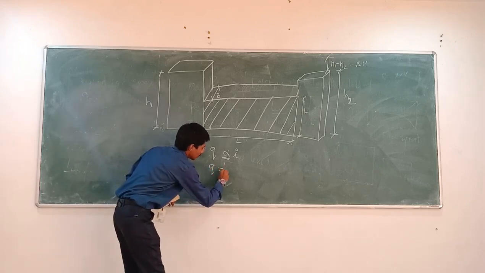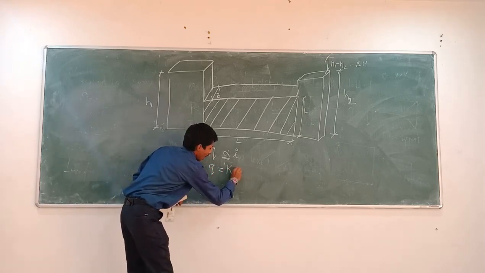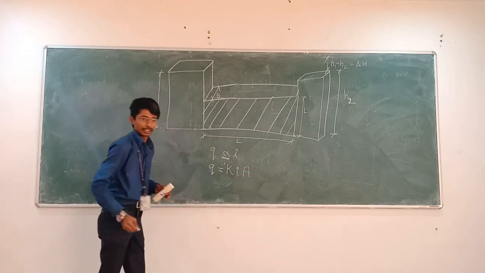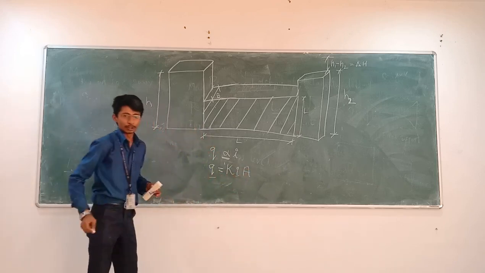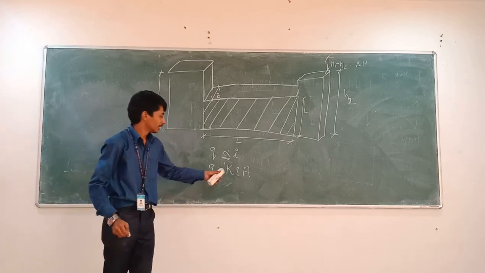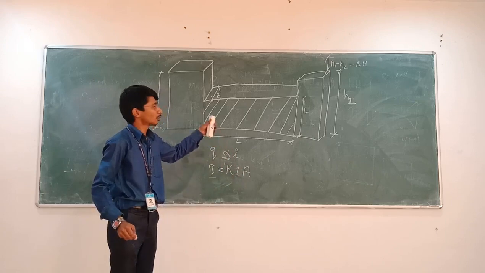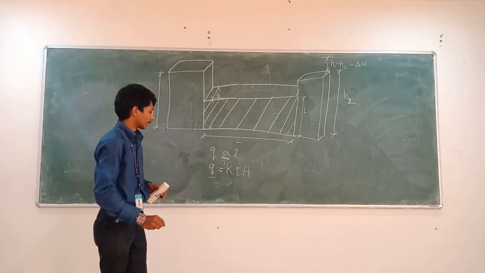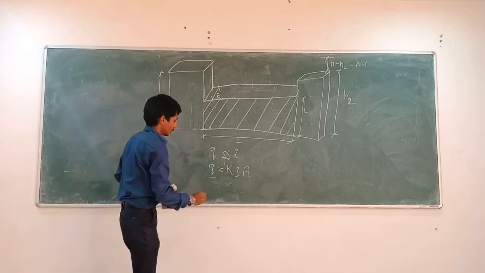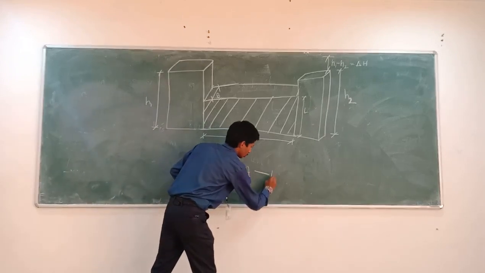Q is equal to K I A, where I is the hydraulic gradient, Q is the discharge per unit time, K is the coefficient of permeability, and A is the uniform cross section area. Let it be equation 1.